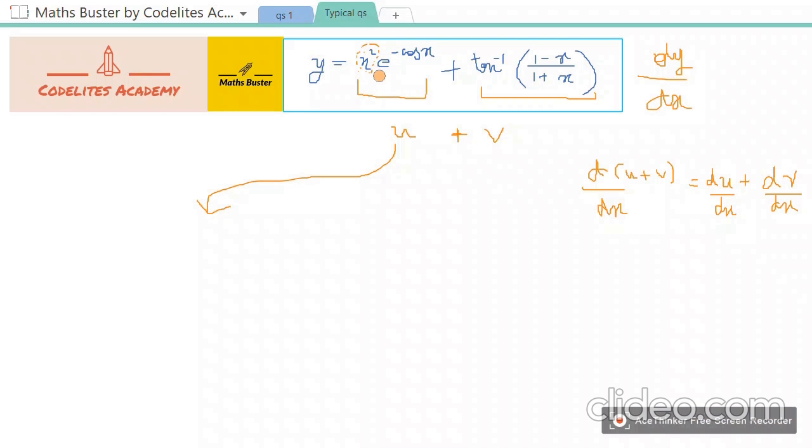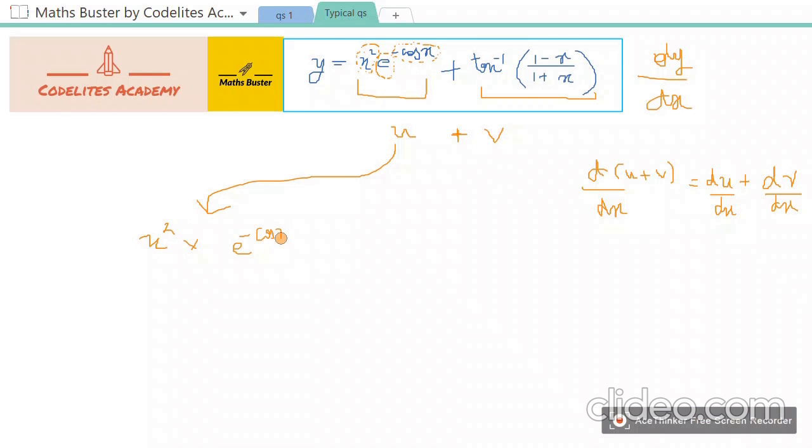This e raised to something is your exponential, and minus cos x is your trigonometric. Three functions I can see. Also, two are multiplied. Which ones? X square is multiplied to e raised to minus cos x.